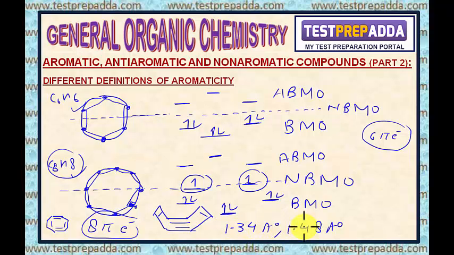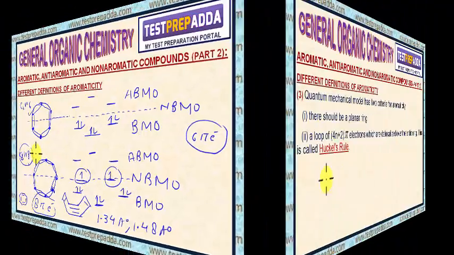That is why we easily say that these pi electrons do not form a closed loop, and these are not delocalized. While in benzene, all CC bond lengths are equal because of delocalization. This way, we explain that benzene is aromatic while cyclooctatetraene is not an aromatic compound.